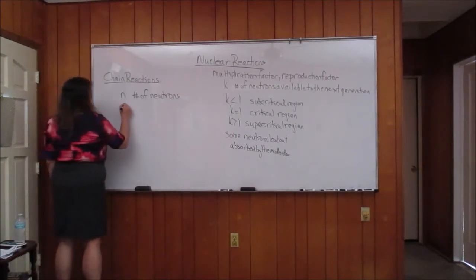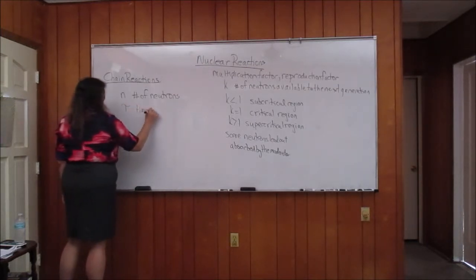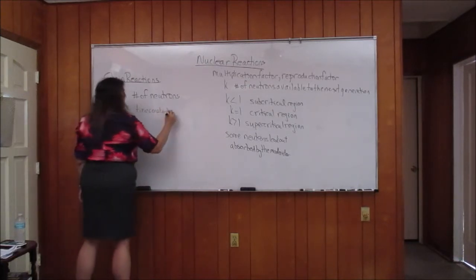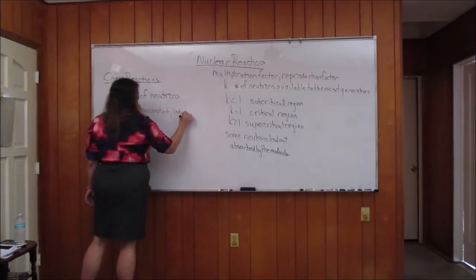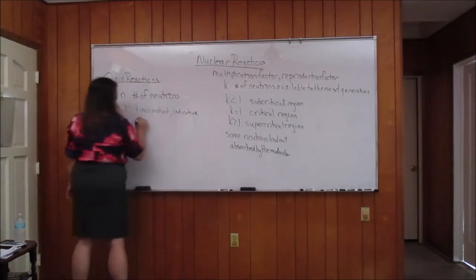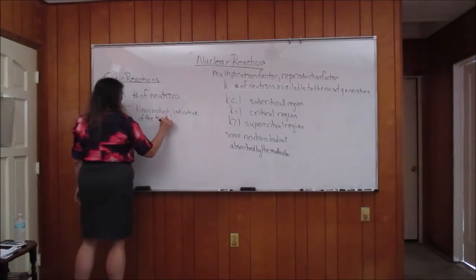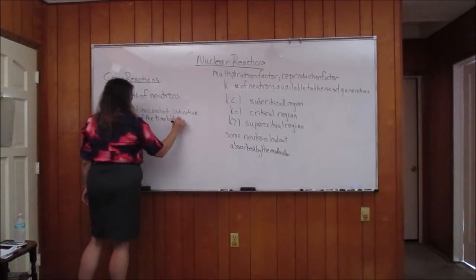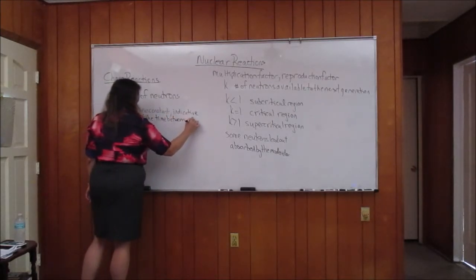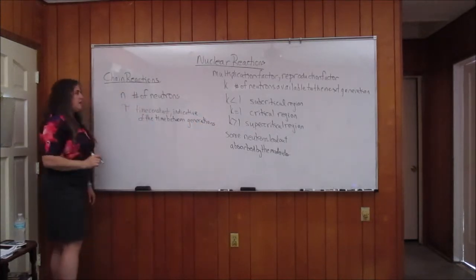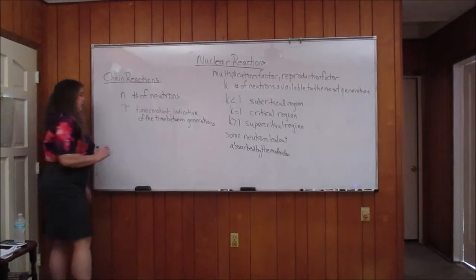And we'll also introduce a new quantity, tau, which is a time constant. And that's indicative of the time between generations. I'm going to write down an expression that governs this process.